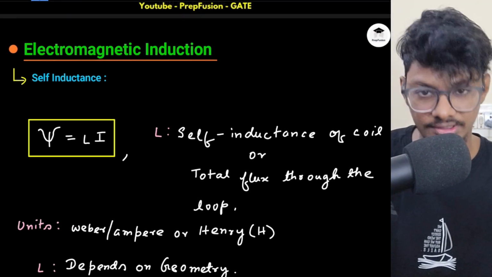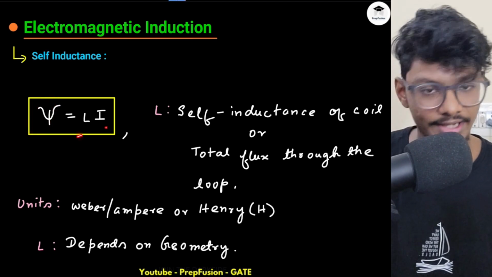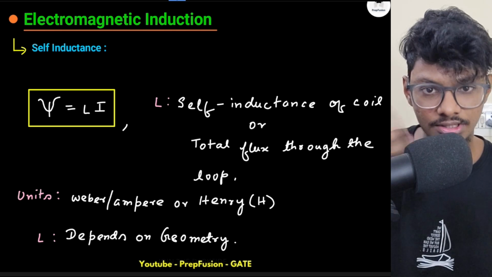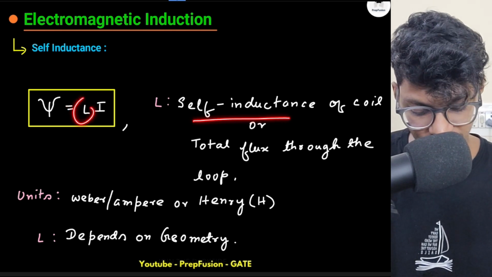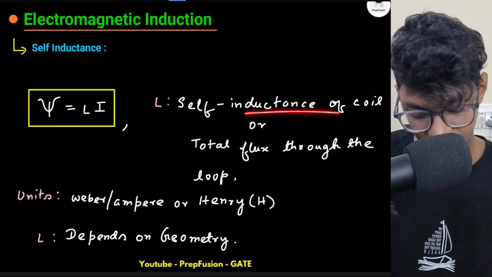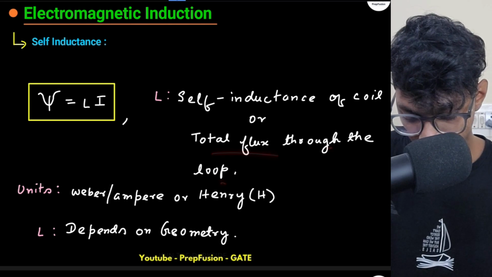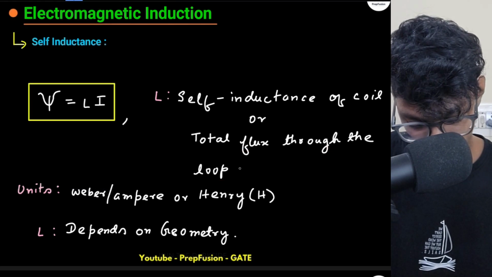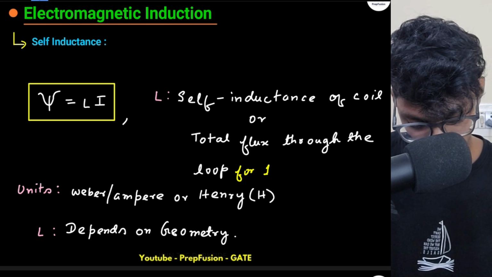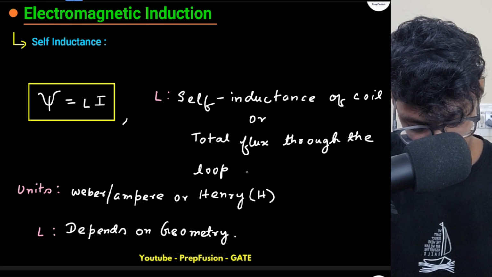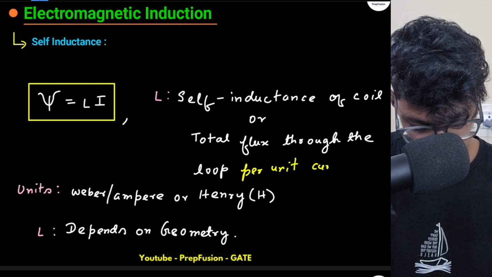So there is the formula for inductance. Self-inductance: psi, the flux, equals Li. So the relationship between flux and current is related with the inductance. psi equals Li, and L is known as the self-inductance of the coil, or the total flux through the coil per unit current.